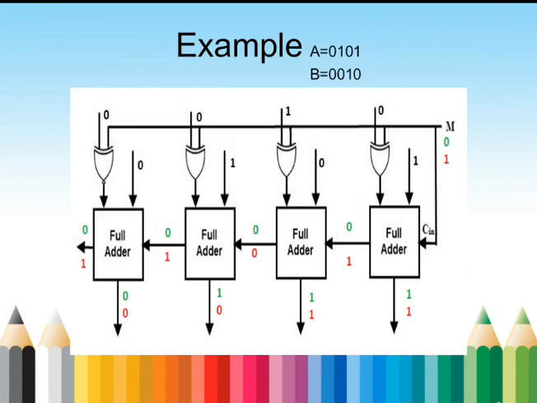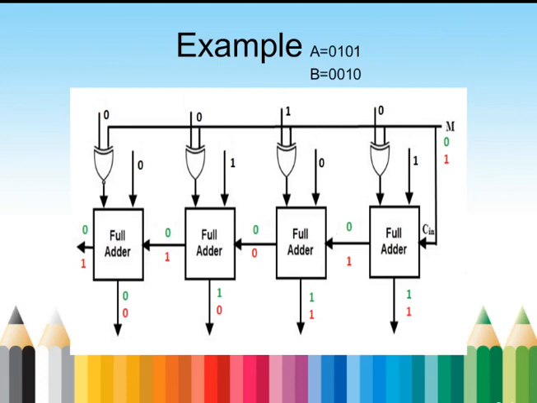Then the second carry output is 0 into 1 plus 1 into 0 plus 0 into 0, that is 0. In the same way, all green values are identified for the parallel addition operation. It finally arrives at 0, 1, 1, 1, that means 7. The addition of 5 and 2 is 7. Yes, we reached the output.